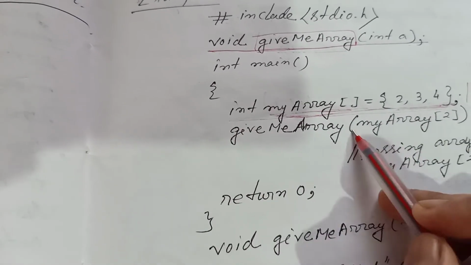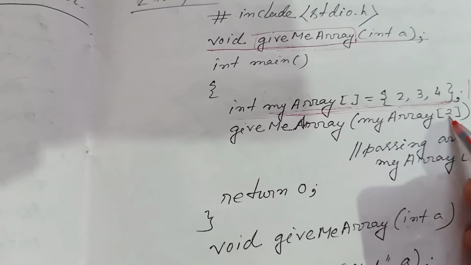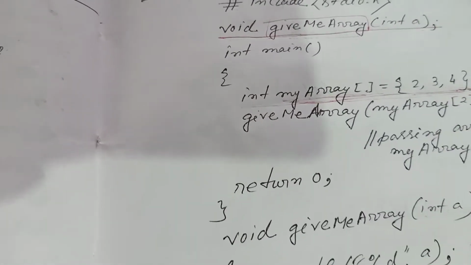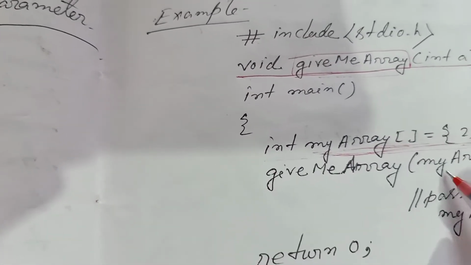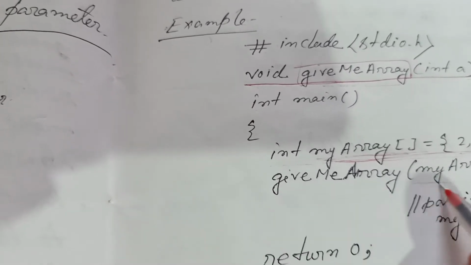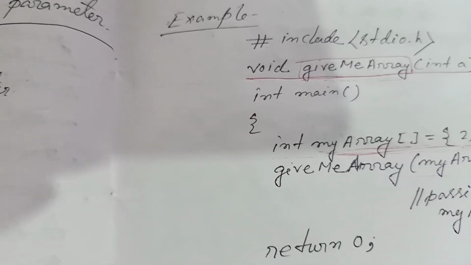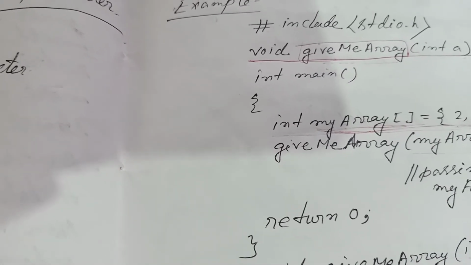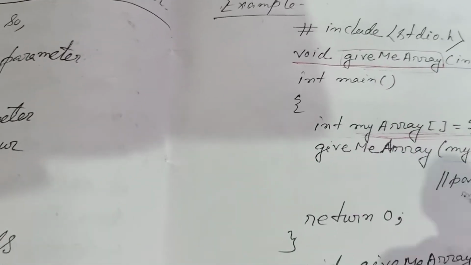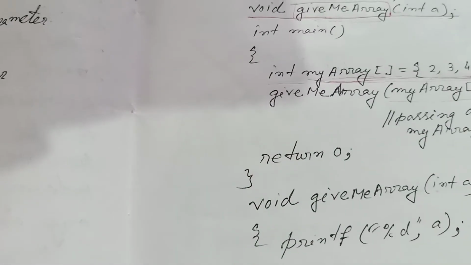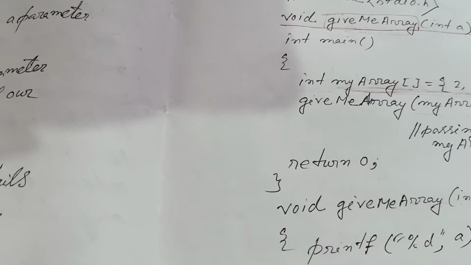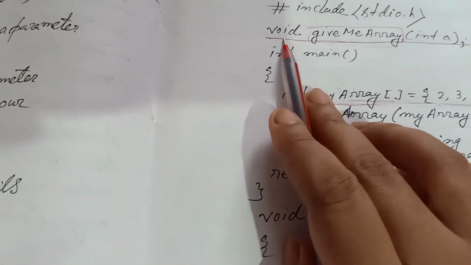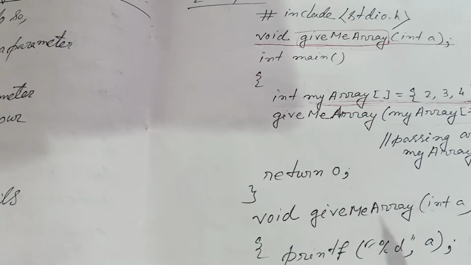Within this, using the particular index, we are passing the array element my array 2 only, not the total array, only one element. Okay, now return 0. So we have declared the user defined function.